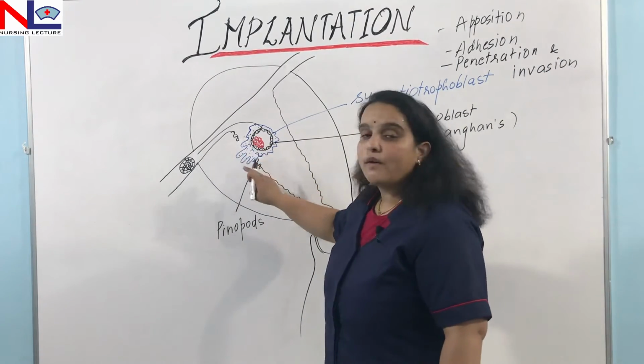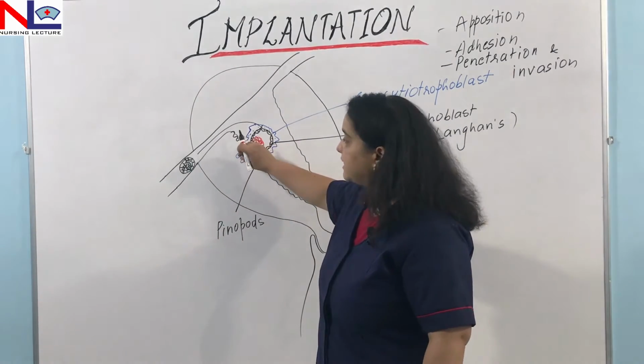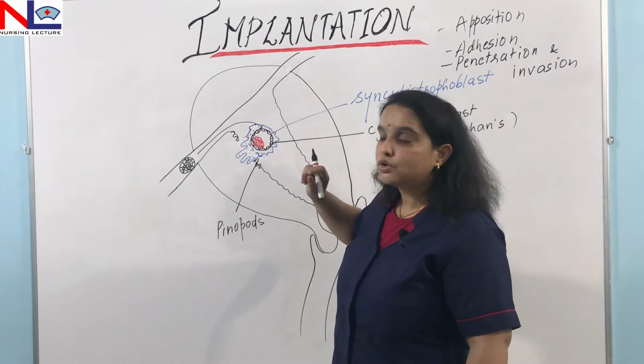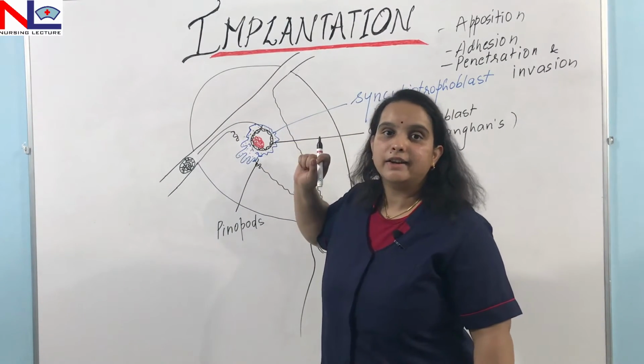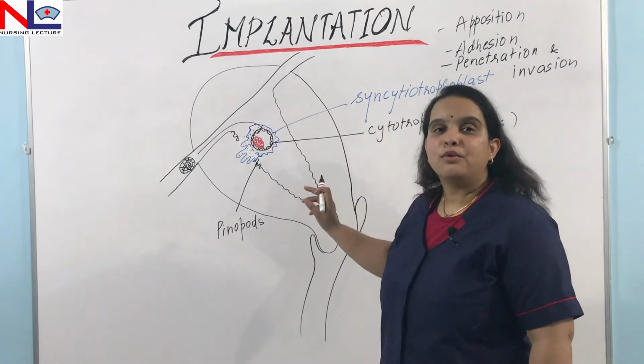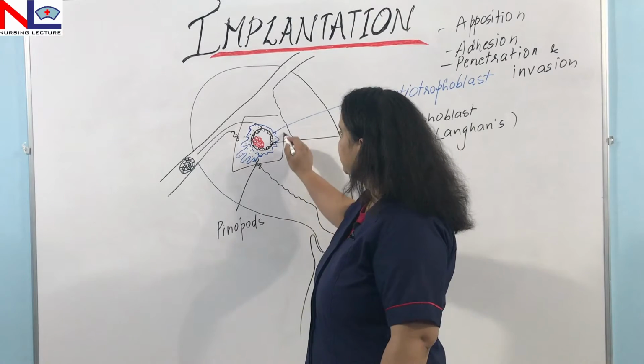So by the release of hydrolytic enzyme from the syncytiotrophoblastic cell, they start removing this stromal cell and replacing this structure inside this endometrial lining. So for better understanding, let me draw this large section here.